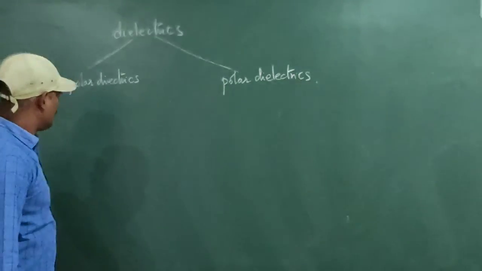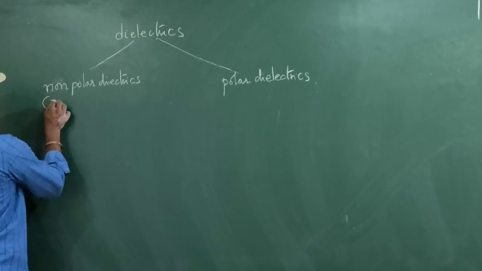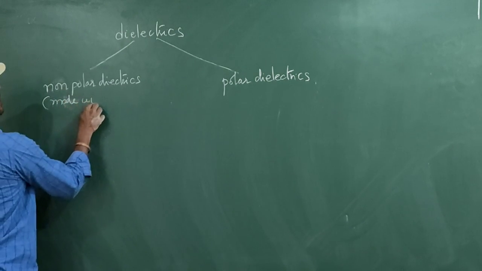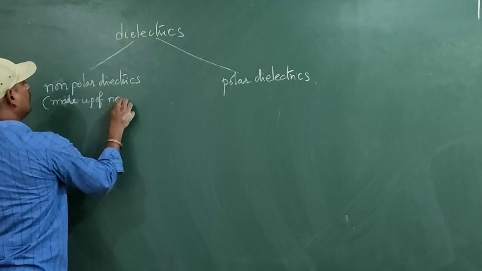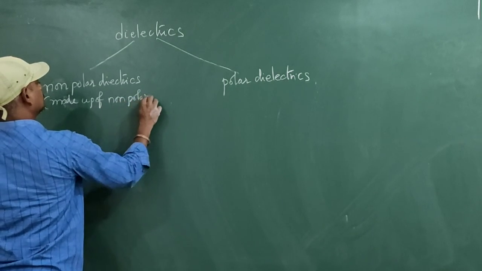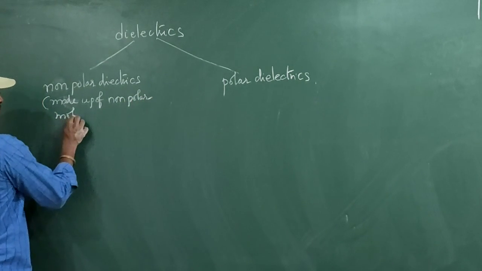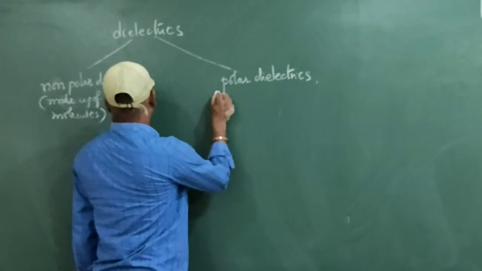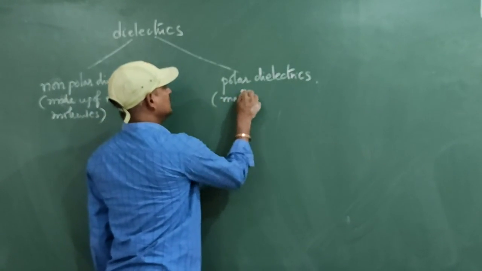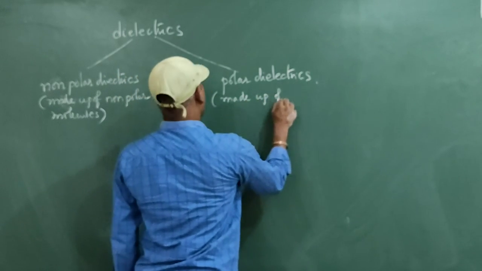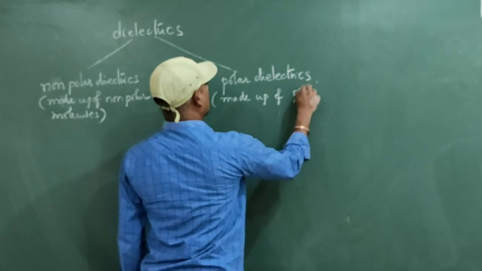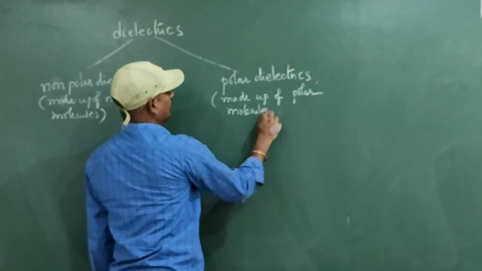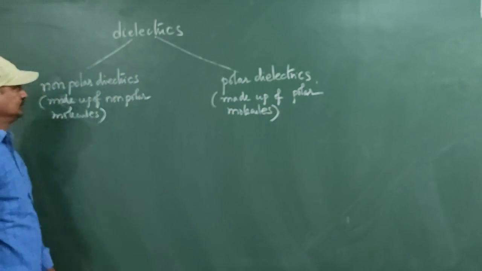A dielectric which is made up of non-polar molecules. And what is a polar dielectric? Any dielectric which is made up of polar molecules.